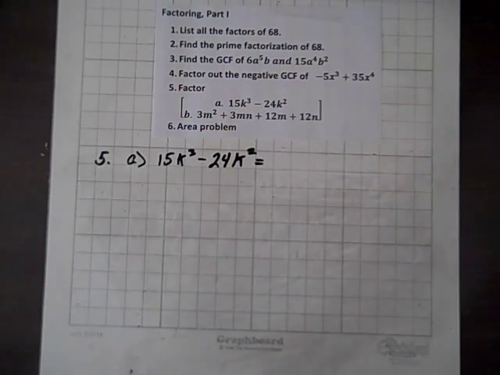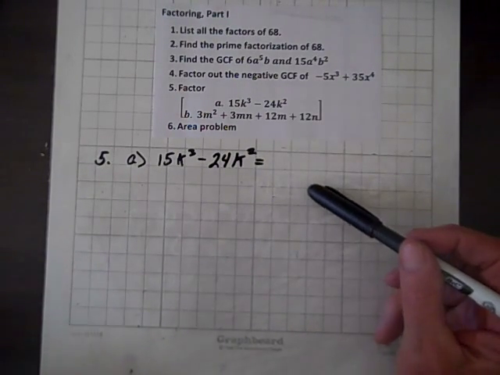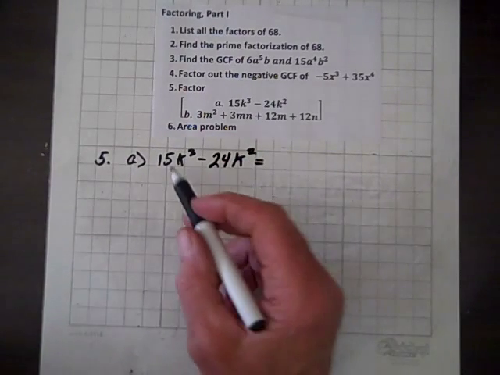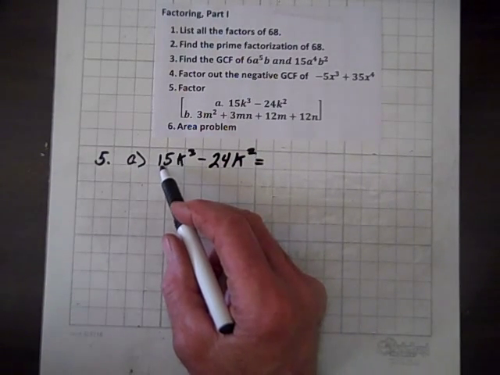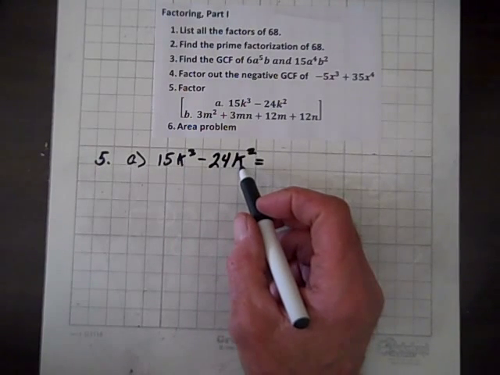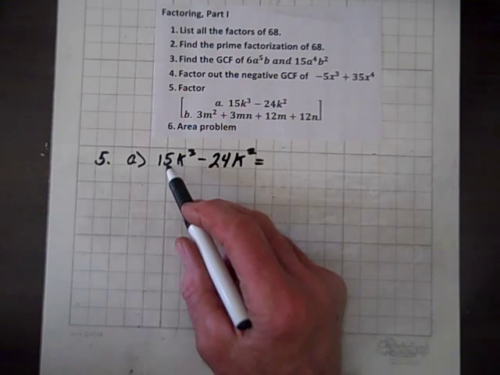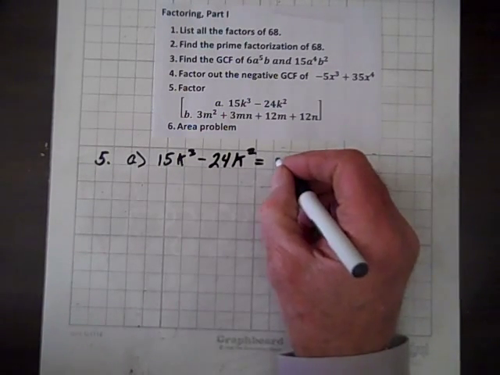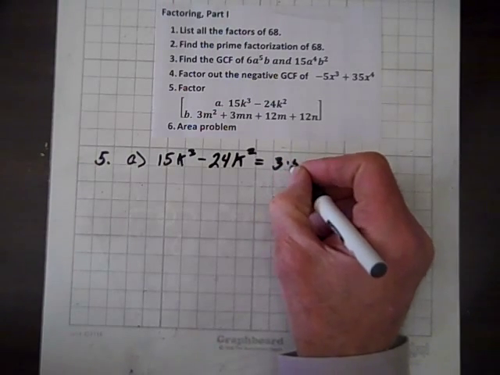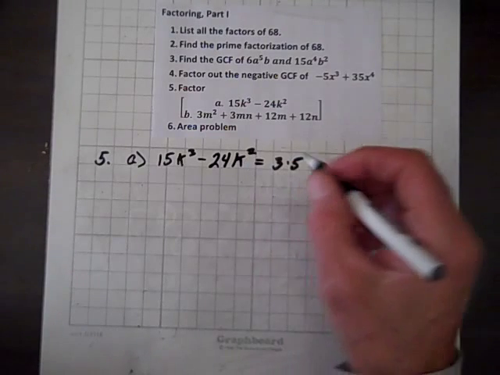Well, for question 5, we have two expressions to factor. For A, we have to factor 15k cubed minus 24k squared. So the first thing we'll do is write 15 in terms of 3 times 5, and k cubed in terms of k squared.